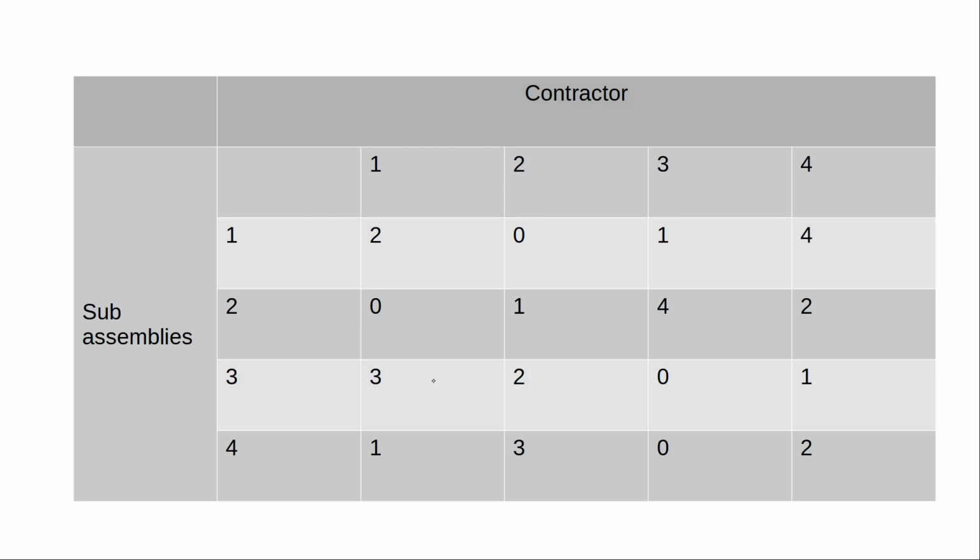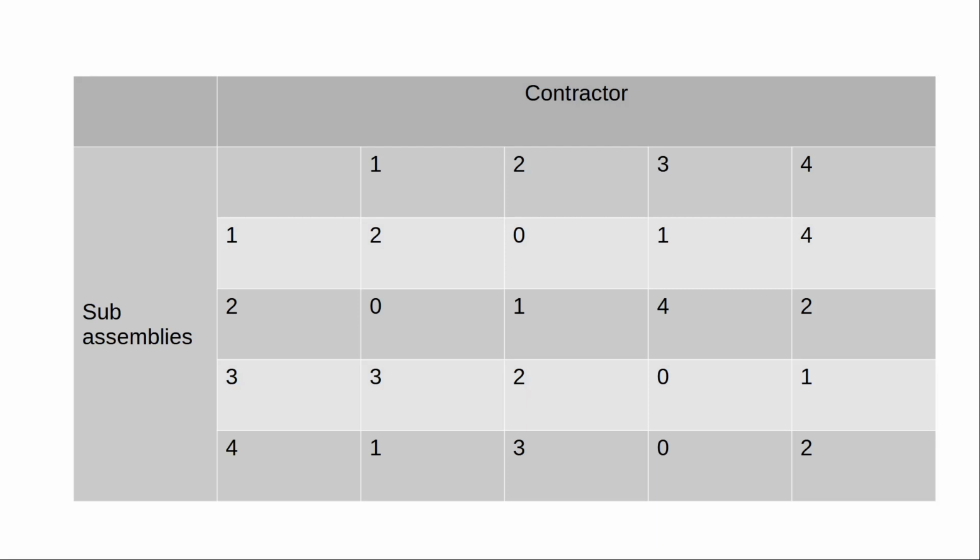Now let's observe the columns. In column number 1, we have a 0 in cell 2, 1. In column number 2, we have a 0 in cell 1, 2. In column number 3, it is in cell 3, 3.